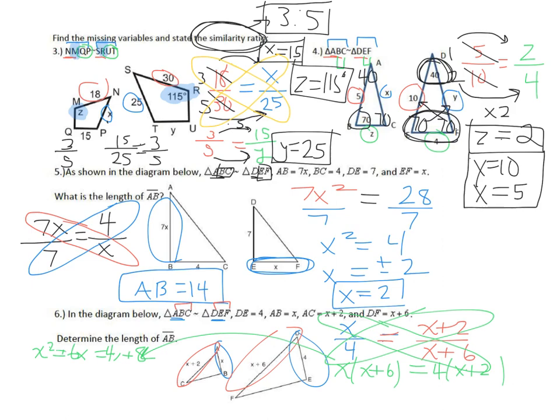Because I have a quadratic, I have an x squared in here. Let's get everything onto one side and a 0 on the other side. So I'm going to subtract my 4x and I'm going to subtract the 8. That gives me x squared plus 2x minus 8 equals 0. And we're going to factor it.